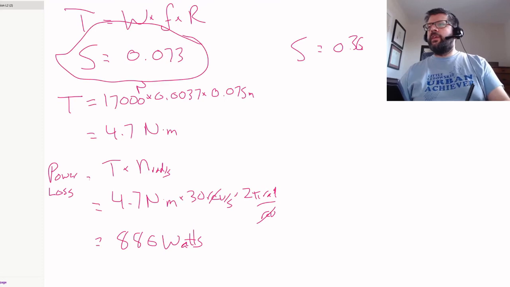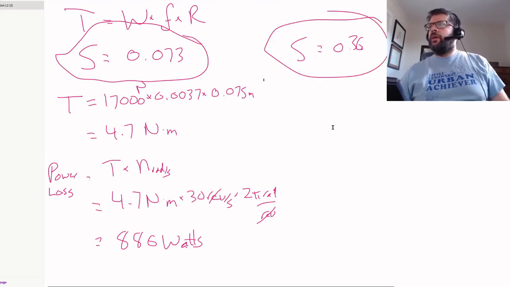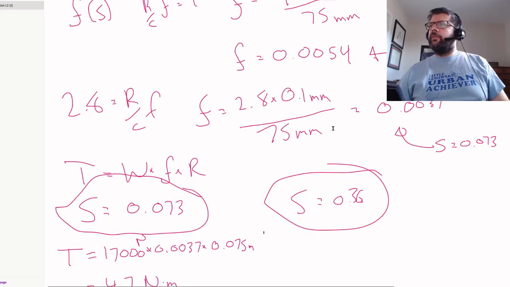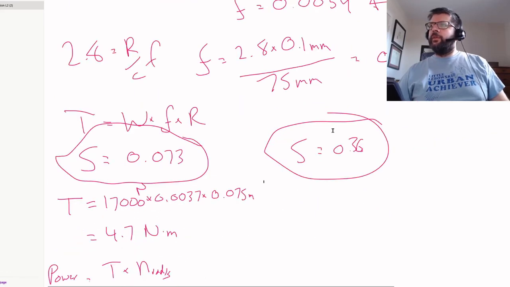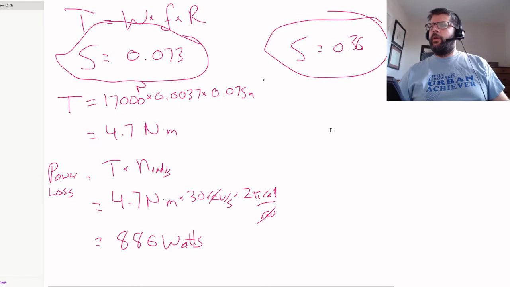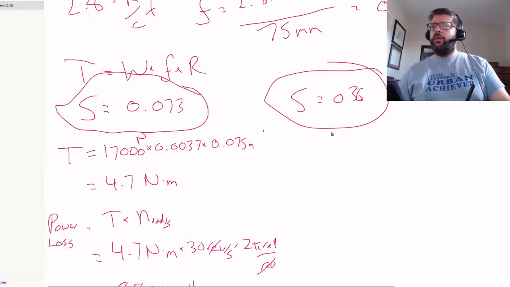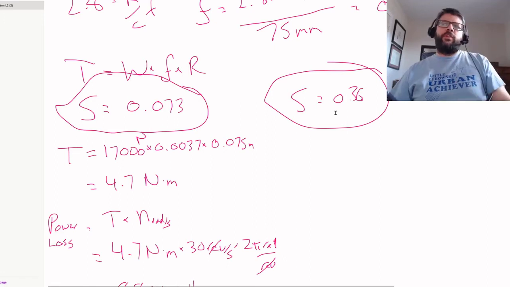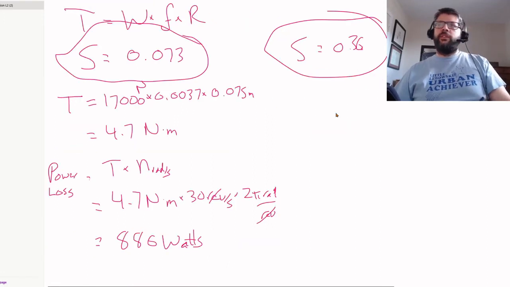For our high friction case, what do we got here? The coefficient of friction is 0.0454. Realistically, the only value here that changes is the coefficient of friction, so the calculation remains the same, other than this thing getting multiplied by a slightly different value.